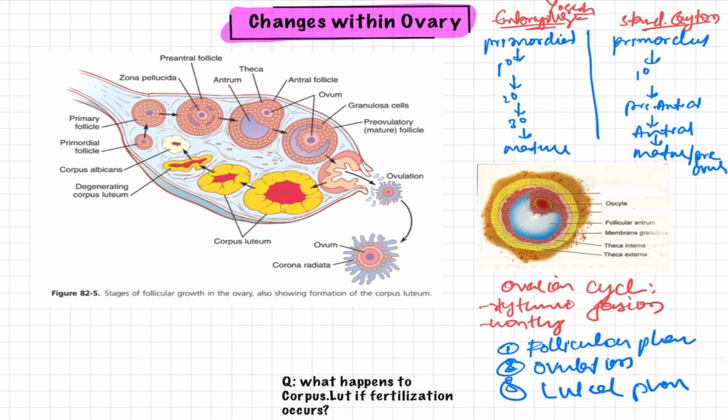Now, as an intellectual, the question must arise in your minds: I have said that if fertilization does not take place, this corpus luteum degenerates. But what happens to the corpus luteum if fertilization occurs?